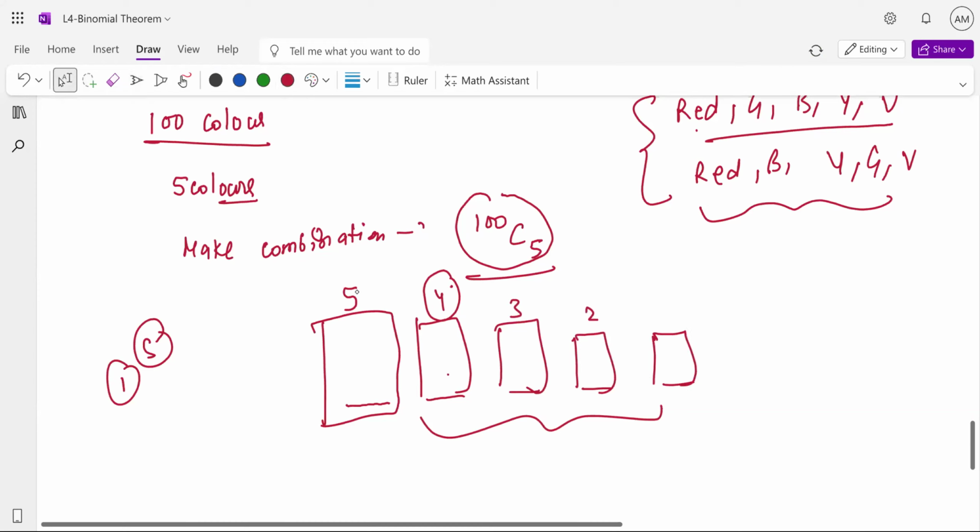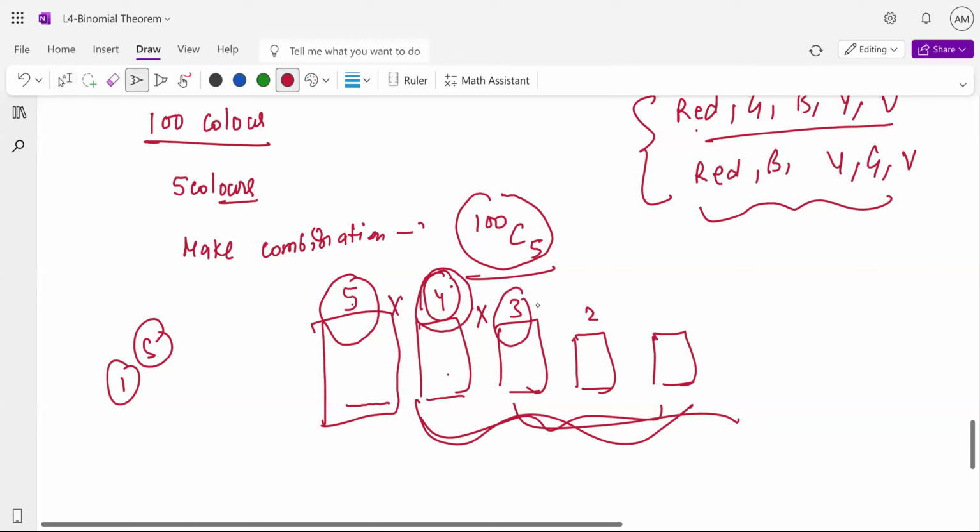For each of the five options, I will have these many arrangements, so I will be multiplying 5 into whatever arrangement I am doing. For each of the four, I will have these many arrangements, so I will multiply it. For each of the three, I will have these many, and for two, too. So you can see I am multiplying 5 into 4 into 3 into 2 into 1.